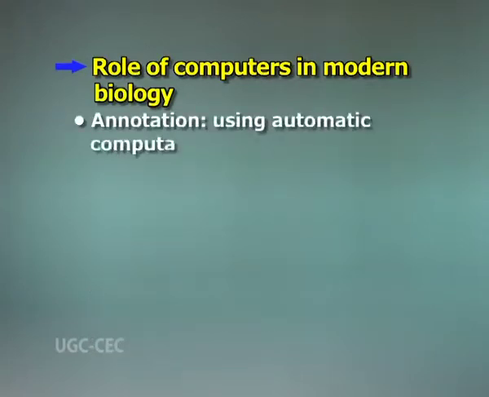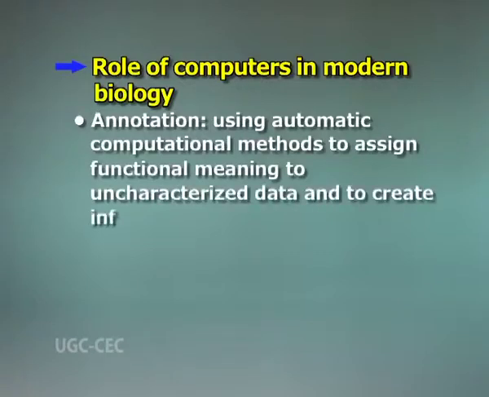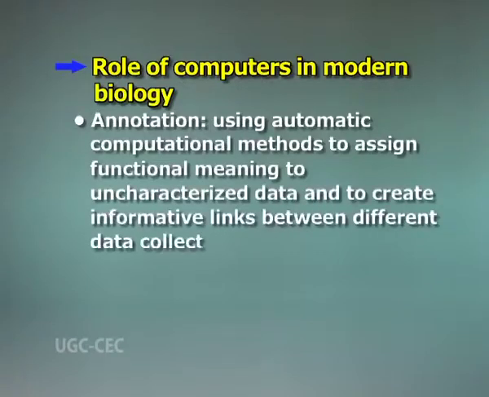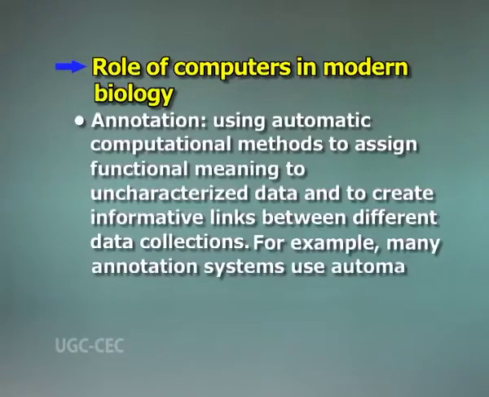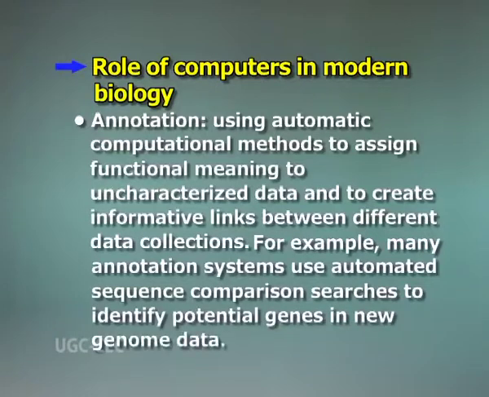Annotation: using automatic computational methods to assign functional meaning to uncharacterized data and to create informative links between different data collections. For example, many annotation systems use automated sequence comparison searches to identify potential genes in new genome data.